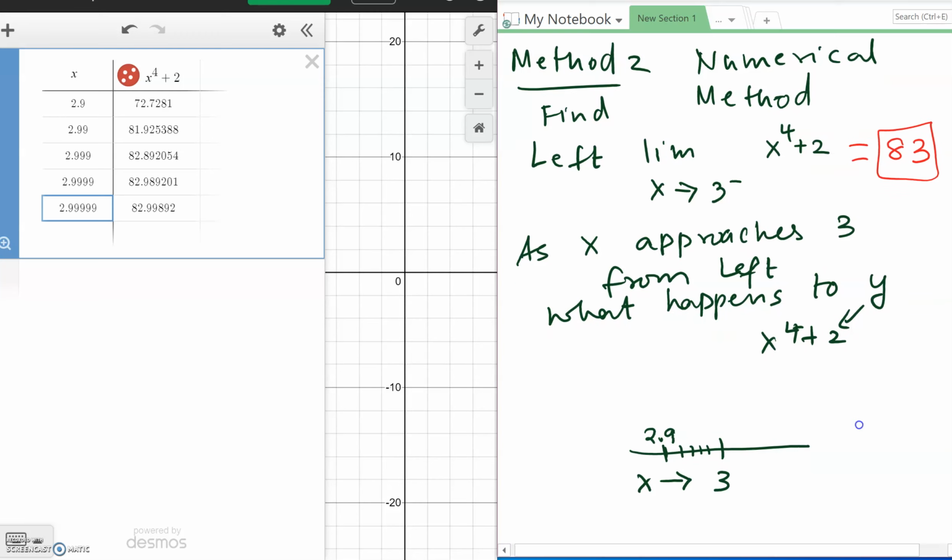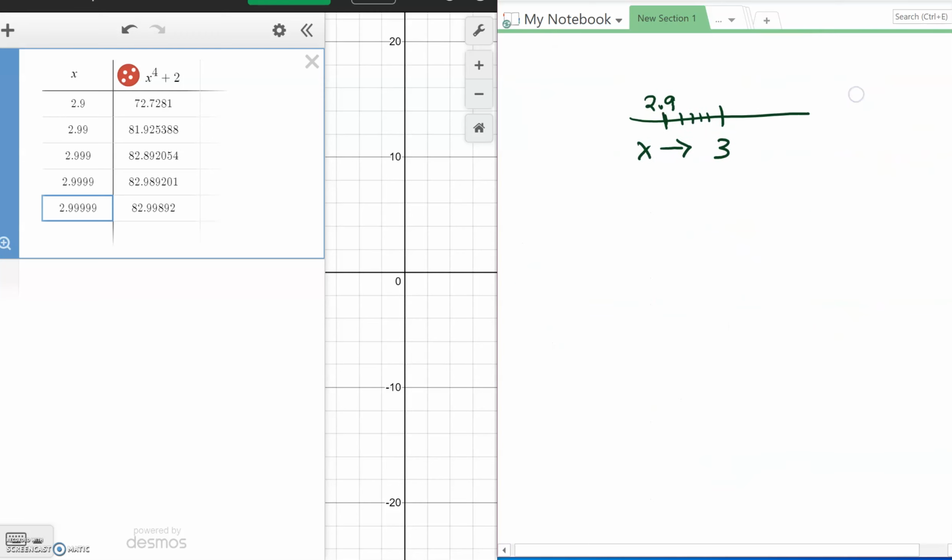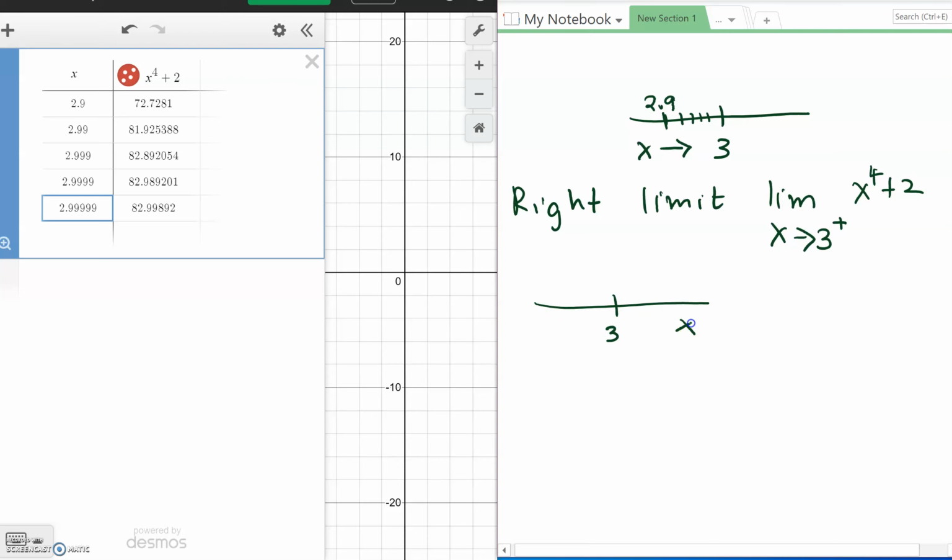Now let's do the right limit. The right limit is x approaching 3 from the right side. The notation is 3 plus, of x power 4 plus 2. So you have 3, and x approaches 3 from here. We're going to start by choosing maybe 3.1 and then move closer.